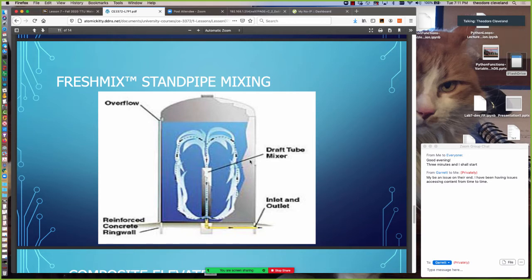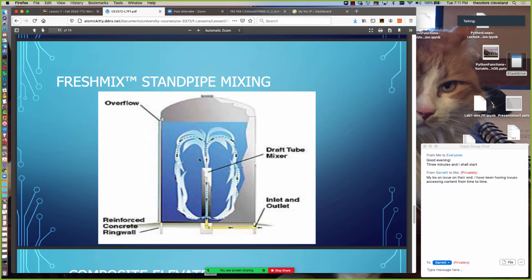So this particular example is something called the fresh mix standpipe mixing, and there's simply a draft tube and probably a low shear propeller pump that just circulates water inside the tank, and probably a fairly low energy setup.